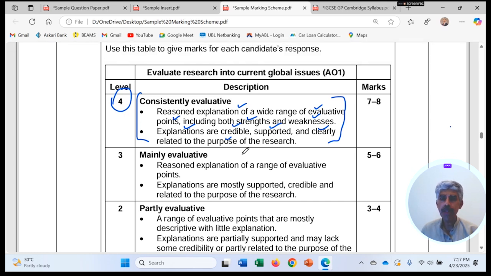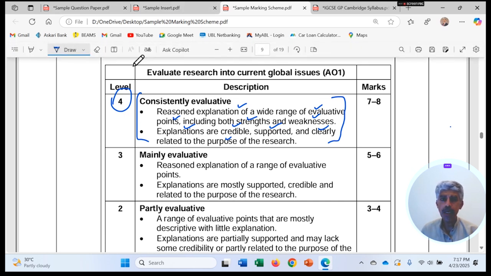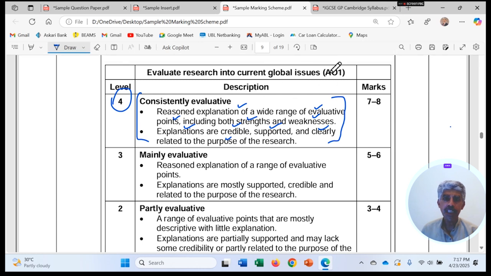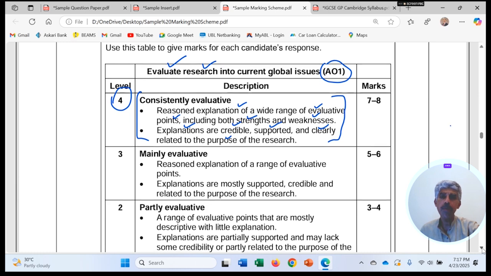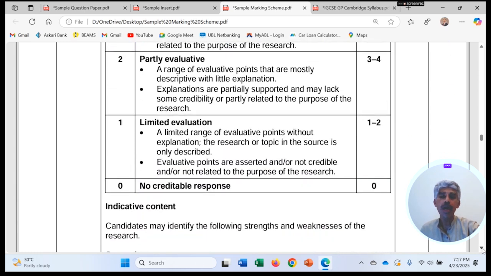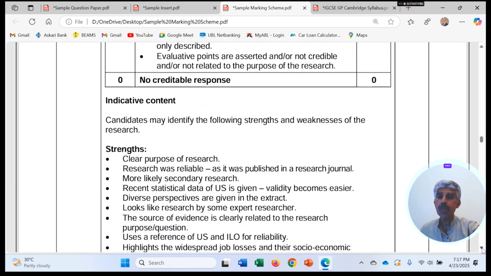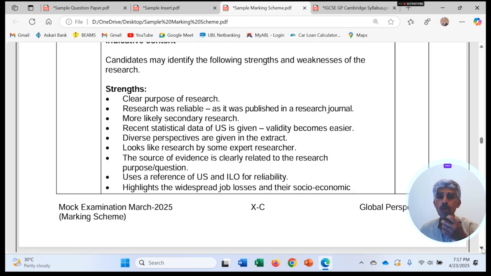This is the rubric. It is related to assessment objective 1, that you are supposed to have research into current global issues. So you are supposed to evaluate. It means your evaluative skills are being assessed over here. So here you can talk about the strengths.